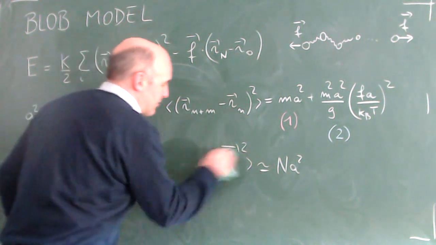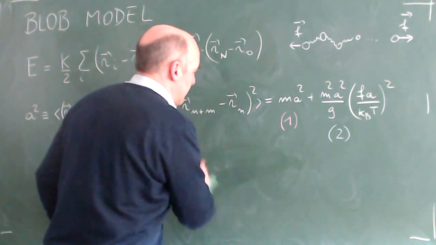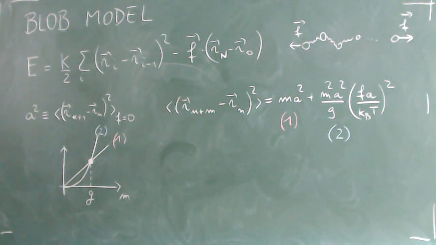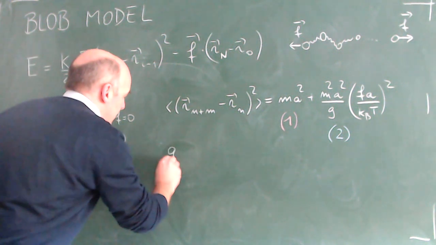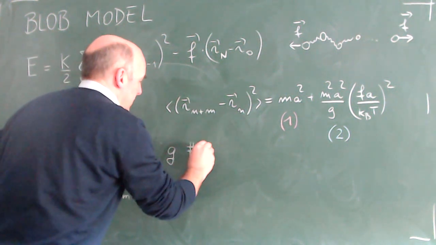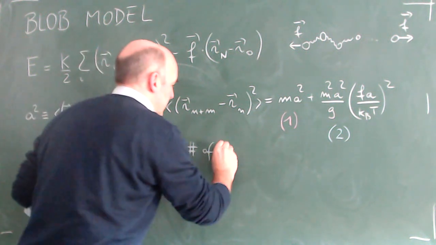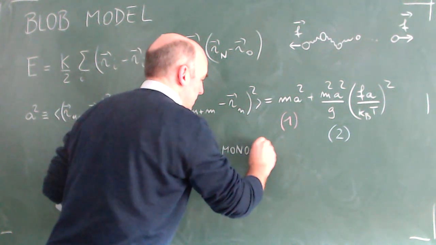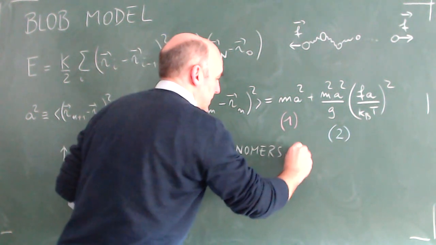You recognize that this one specifies the first term. So what is the concept of the blob? So g is what we call the number of monomers in a blob.